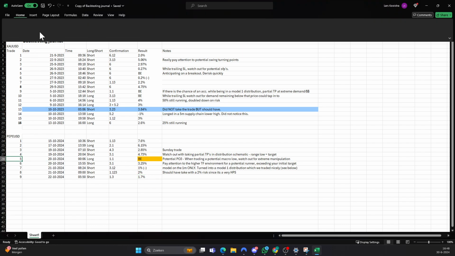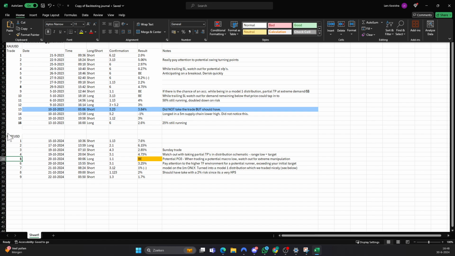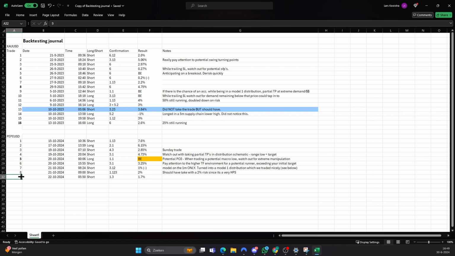Let me make this black so we make sure that that was the last trade of that session. And now we have these 6, 7, 8, 9.